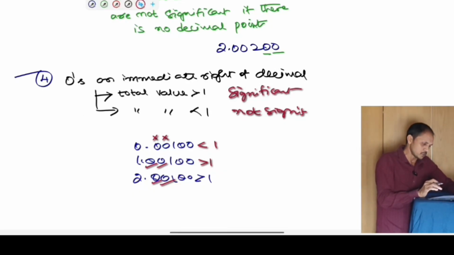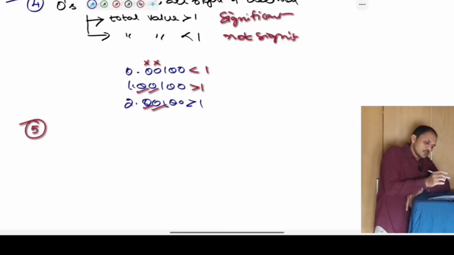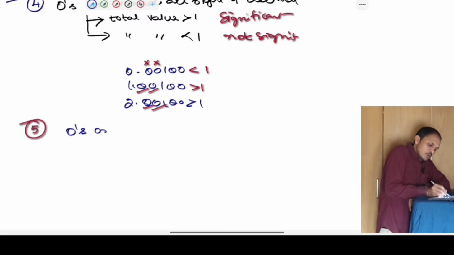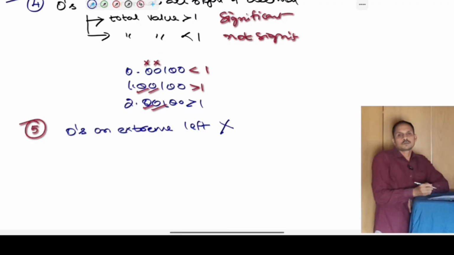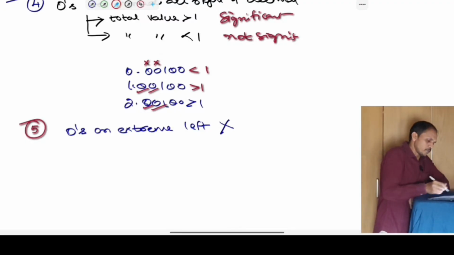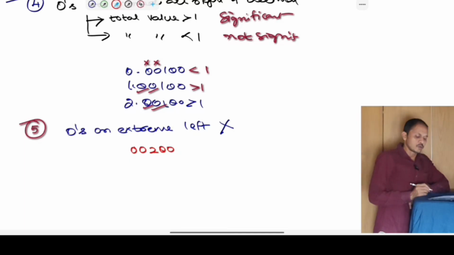So what about next? Now if there are any zeros on the extreme left of the number, never count them. They are not significant. For example, 00200.